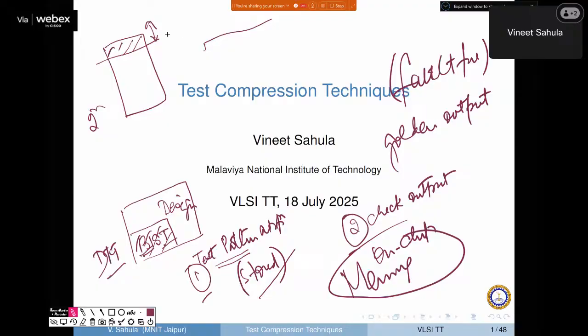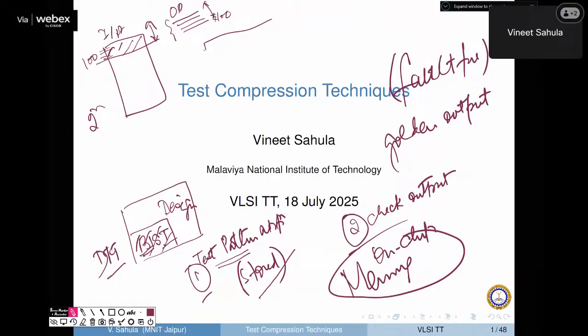For a golden output corresponding to this input pattern, I need the golden output pattern for each of those input patterns. Now the point is, if I store this sequence of output patterns, I need some storage. And because my input patterns are decided, number of input patterns, say 100 patterns, I need 100 output sequences.